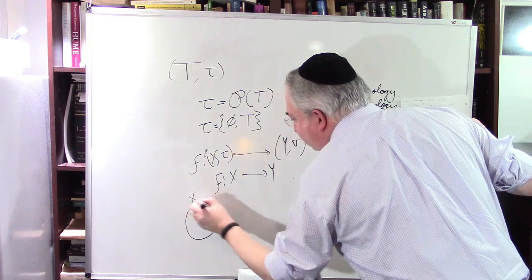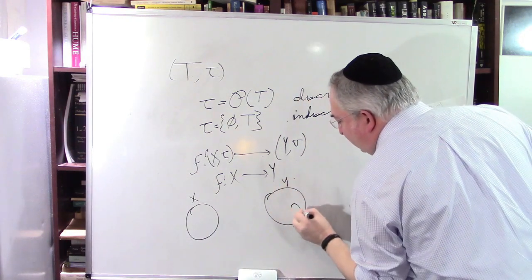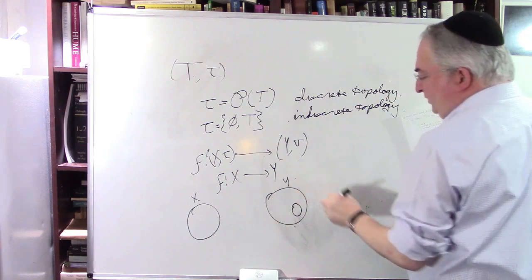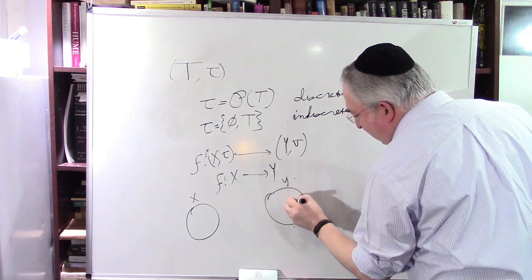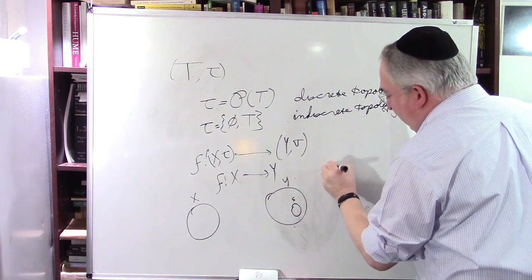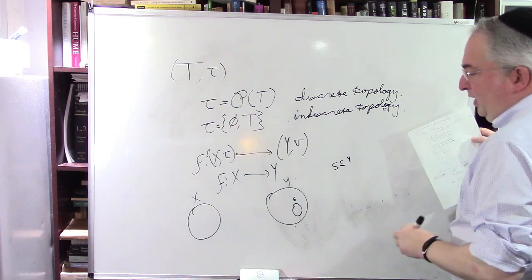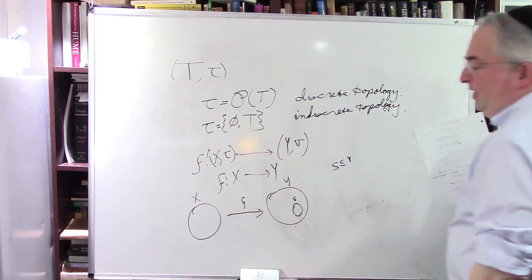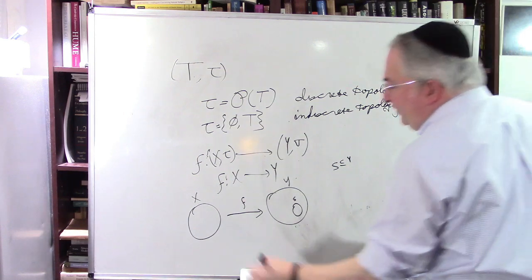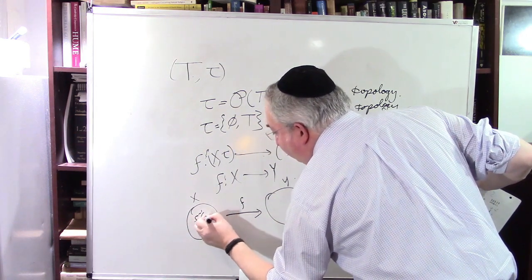If this is X, and this is Y, and this is some subset, we'll call this s, and s is a subset of Y, then what we require of this f is as follows: f inverse of s.